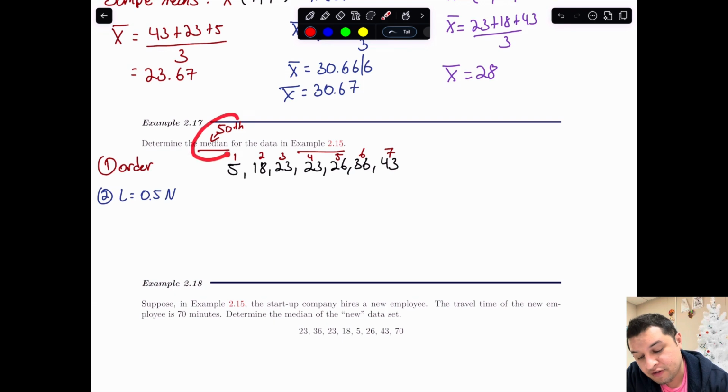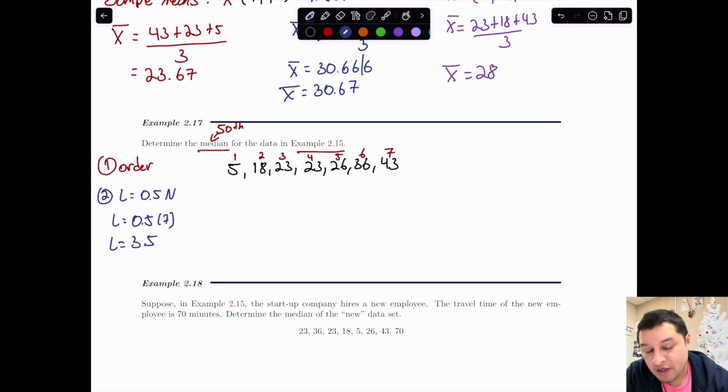Because remember, this is the 50th percentile. If we were finding the first quarter, we would use 0.25, and if it was the third one, we use 0.75. So remember, what is my total number here? My number is 7. That's my capital N here for this set. So this one's going to be 0.5 times 7, which is obviously not going to be a whole number.